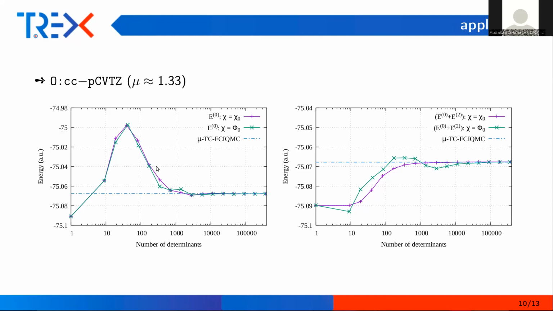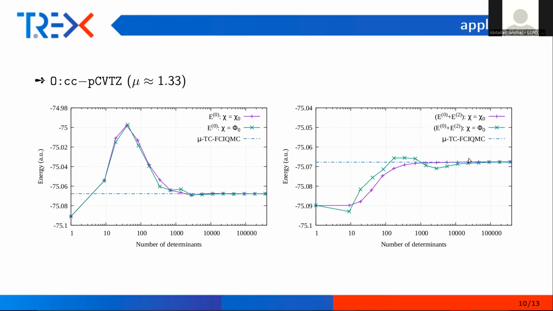On the left, we have the plot of the transcorrelated energy of the selected wave function with the usual zeroth-order Hamiltonian, in green for chi equal phi 0, and the selected wave function with chi equal chi 0, which is again the left eigenvector. In blue, we have the energy obtained for the same correlation factor by using the transcorrelated FCIQMC method as a reference to check the convergence.